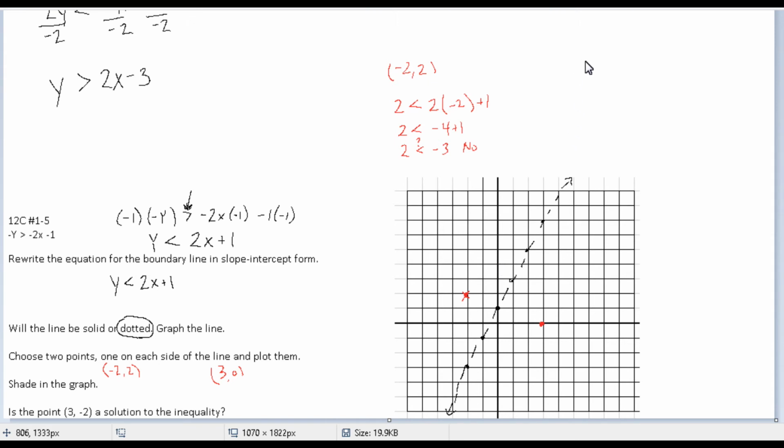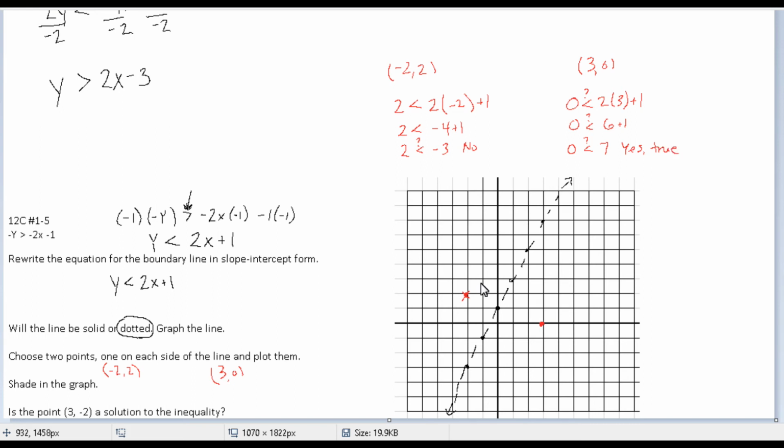Let's make sure it's the other side. So that point was 3, 0. If we plug that in, our y is right here. Our y is 0. Is that less than 2 times 3 plus 1? Is this less than 6 plus 1? So is 0 less than 7? Yes, this is true.